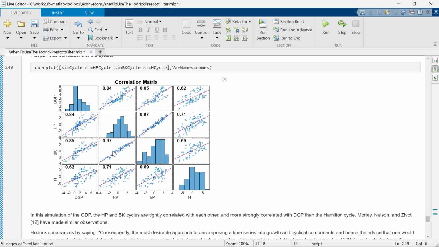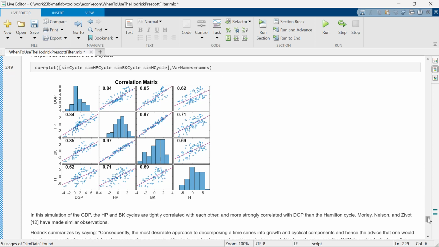And the correlation between the actual data generating process and the Hamilton filter is lower than it is for the Baxter-King filter or the HP filter. We get a correlation coefficient of about 0.85 for both the HP and the BK filters, but a correlation coefficient of only 0.62 for the Hamilton filter.